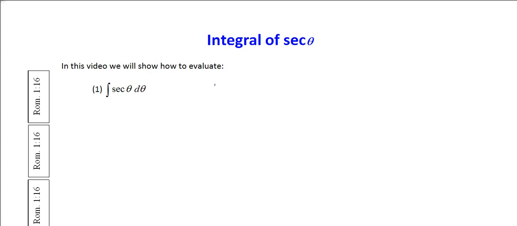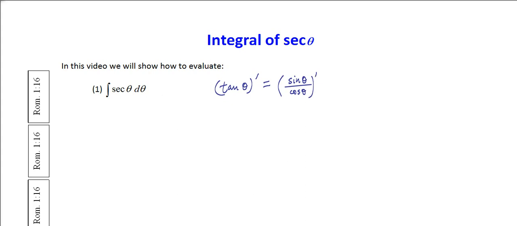So let's try to find the derivative of tangent. In order to do this, we remember that tangent is the quotient of sine theta to cos theta.